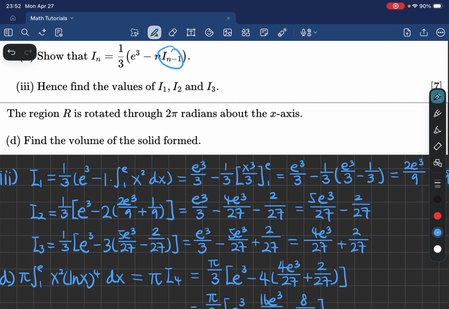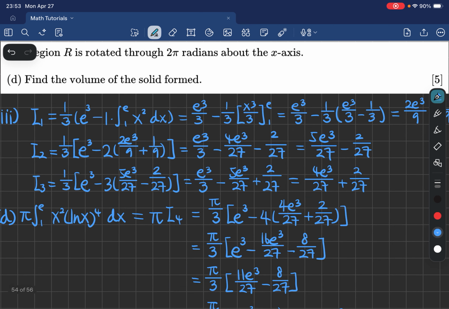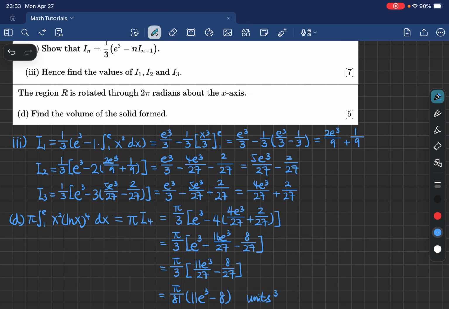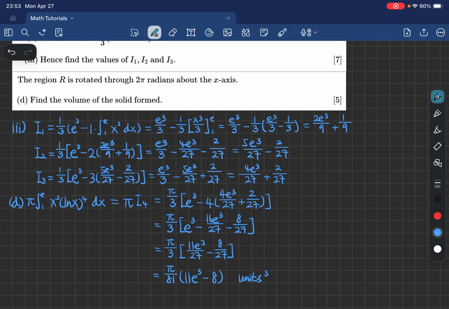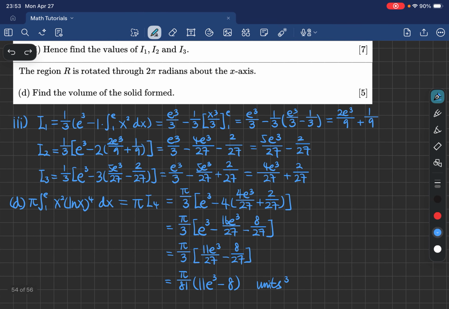So I2 is here, and we just use I1 here, and just make sure your previous ones are calculated correctly so you don't have error carried forward, right? And I3 follows the same process, and you will get these 3 answers. It's just very numerical calculations, just basic arithmetic.